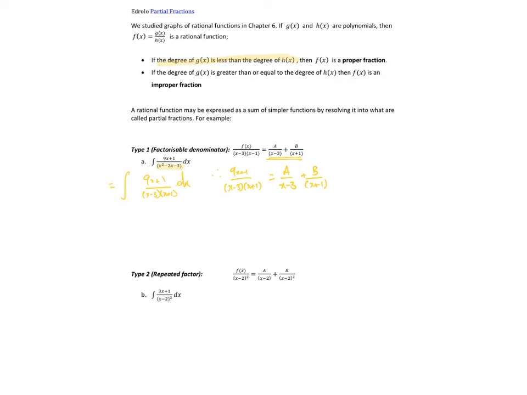Now we're going to approach it this way first. The first thing we look at is the derivative of the denominator, present in the top. So 2x minus 1, is it in the top? No, it's not. There's no factor of it in the numerator. We could then possibly split that function up as 9x over f of x plus 1 over f of x. We've done that in the past.